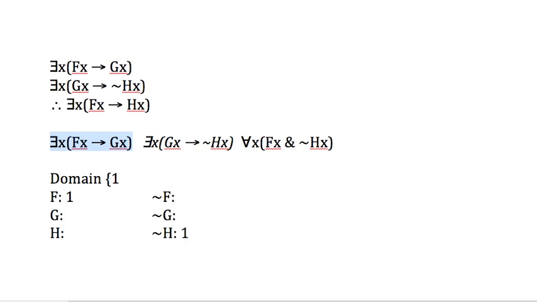If we simply decide that the number 1 is a G, then this statement will be true because substituting the number 1 for X, we get if 1 is an F, then 1 is a G, and that is true in our interpretation. So something in our interpretation fits this description. The first premise says something fits this description, and indeed something does.